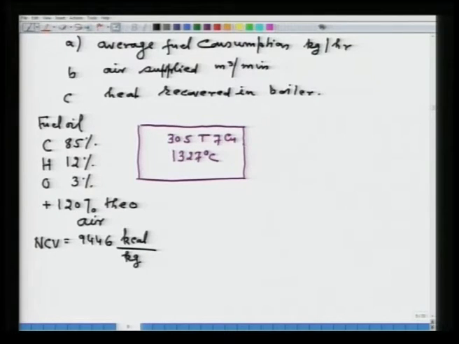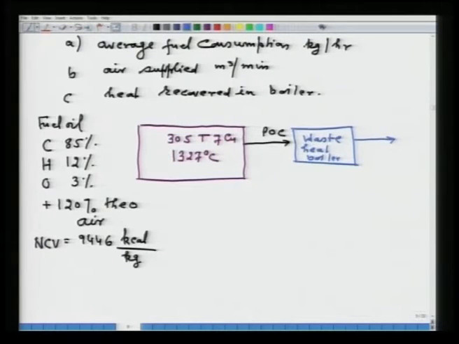Now, the POC which is being discharged from here is taken to a waste heat boiler. Somewhere here we have a waste heat boiler, and from the waste heat boiler the gases are discharged at a particular temperature. Now, here heat loss is estimated to be 15% from the waste heat boiler.